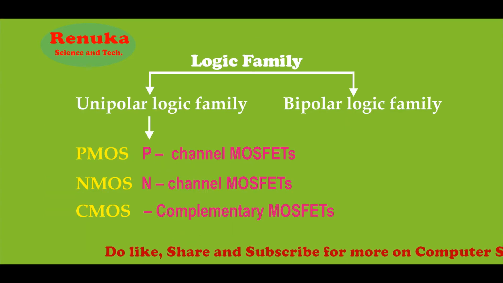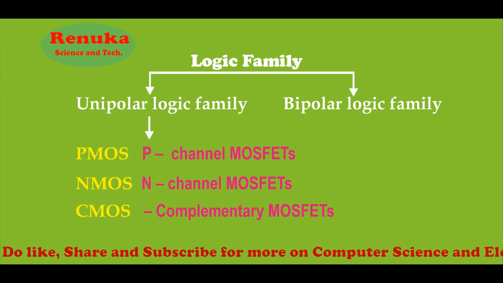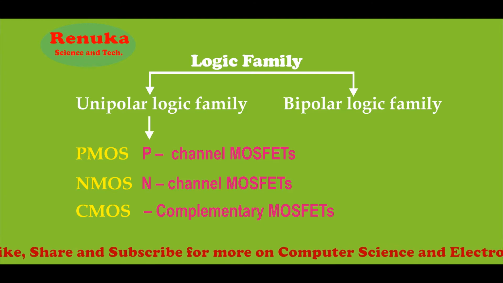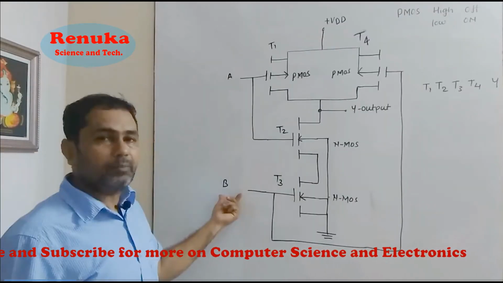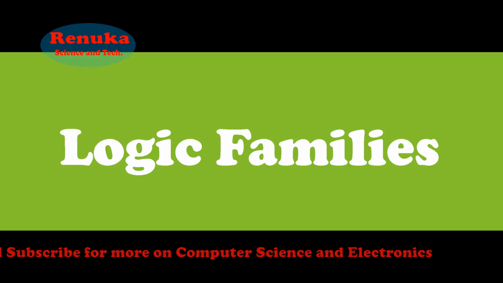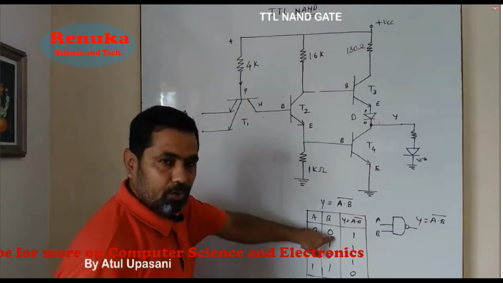In CMOS logic family, we have seen how CMOS gates or CMOS devices are used to construct the logic gates. We have seen NOT gate, NOR gate, and NAND gate using CMOS. Similarly, in the TTL logic family, we have seen the NOT gate, NOR gate, and NAND gate.